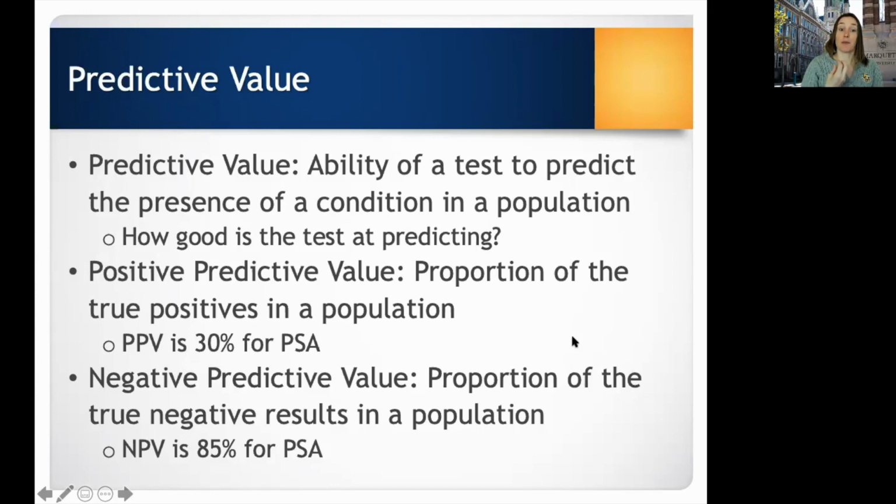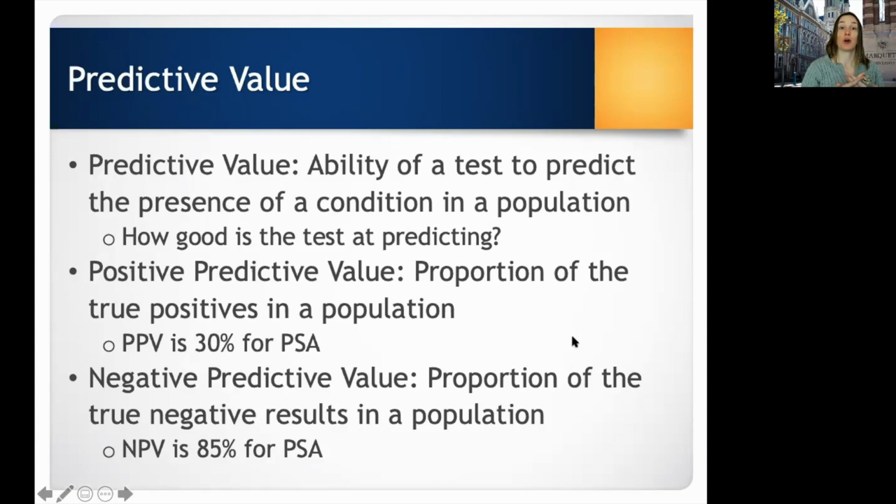And then there's the positive predictive value, the proportion of true positives in a population. For that PSA, the positive predictive value was somewhere around 30%. Not great.